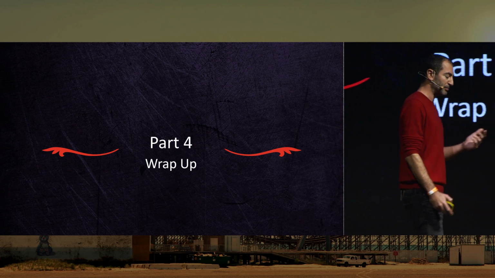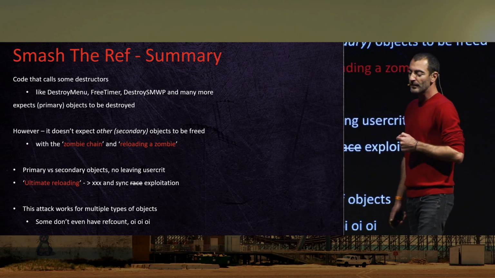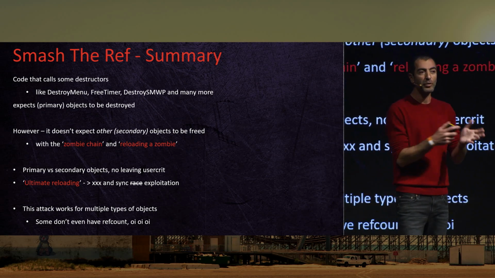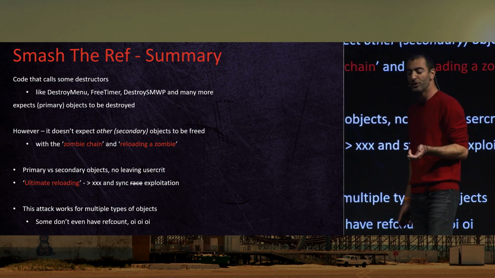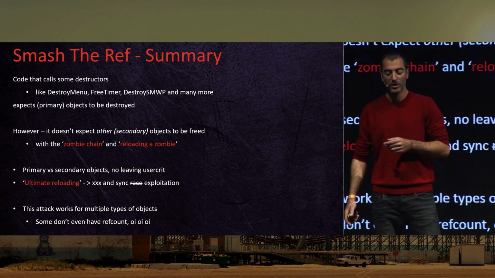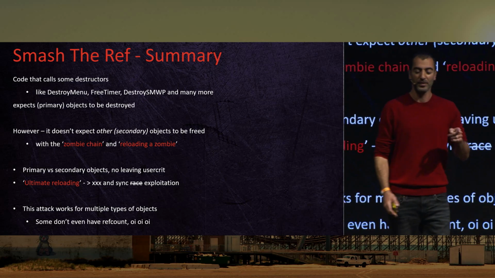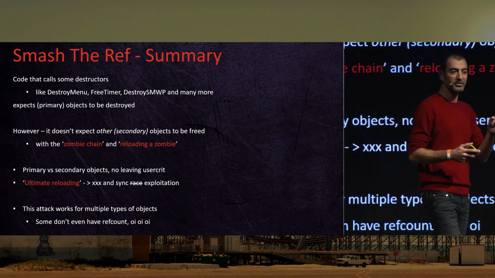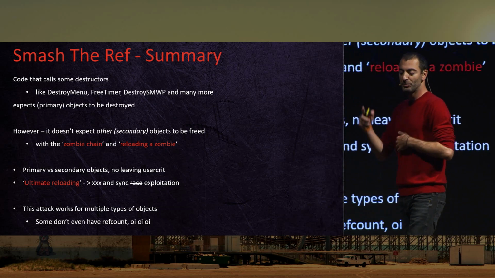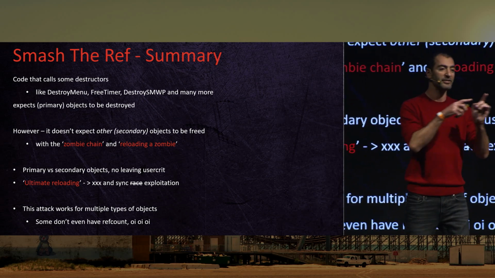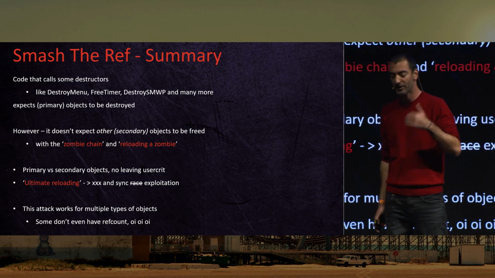Okay, so to wrap up. We see that when we call some destructors, and there are plenty of objects, it might be destroy window, menu or window or free timer or lots of other stuff. But the point is that there is one primary object that I try to destroy. Whenever that primary object is freed in certain locations, I try to take down extra objects with it, like you saw.